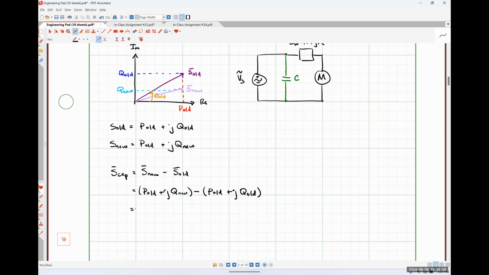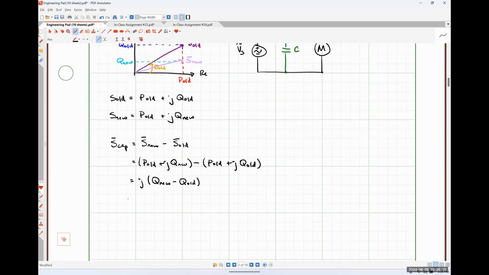The P olds cancel each other out. So that's going to look like j times Q new minus Q old, or j times Q capacitance.